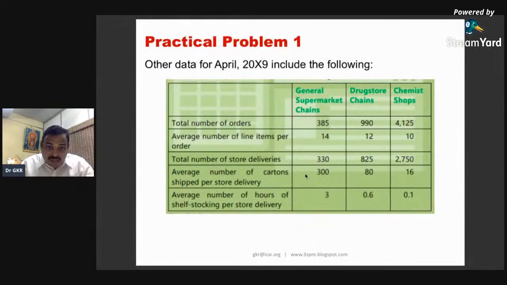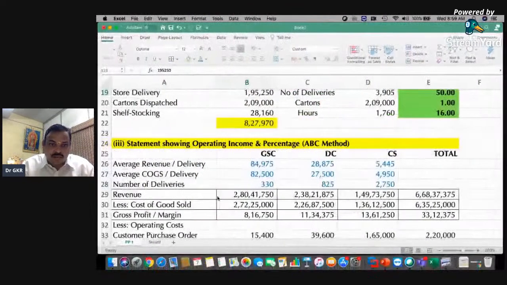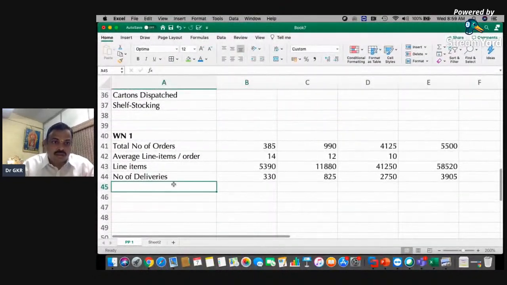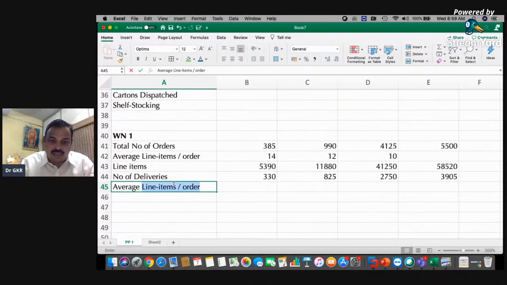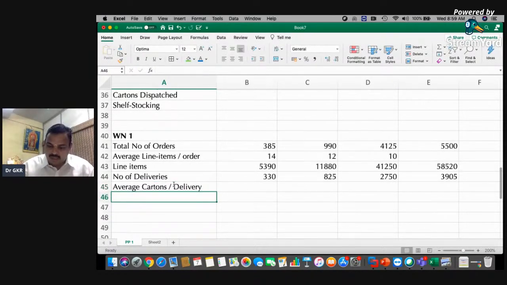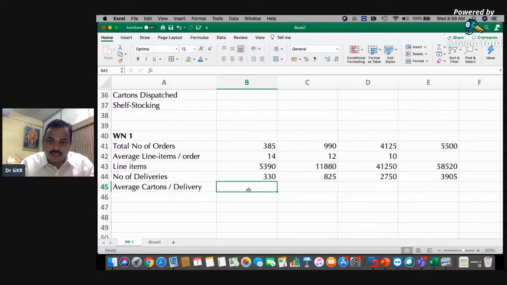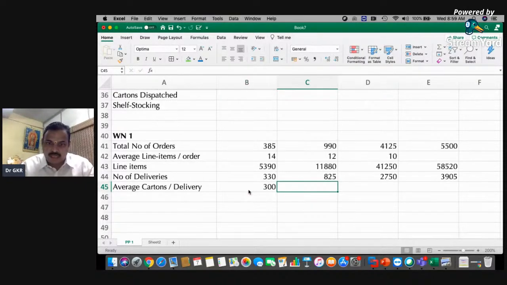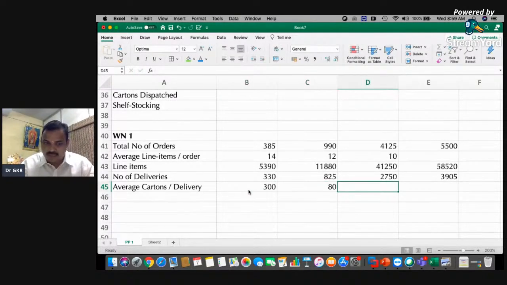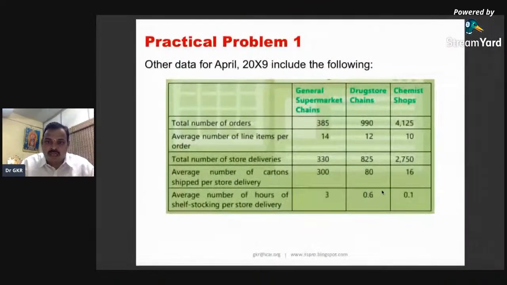Now, average number of cartons shipped per store delivery. So what is the average cartons per delivery? 300, 18 and 16.